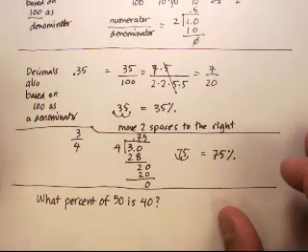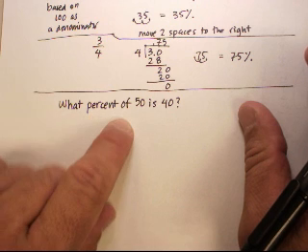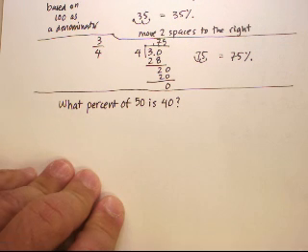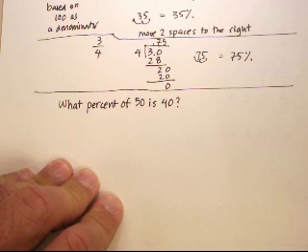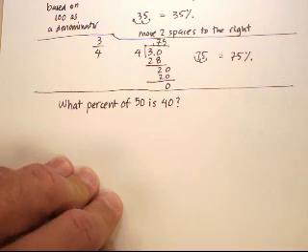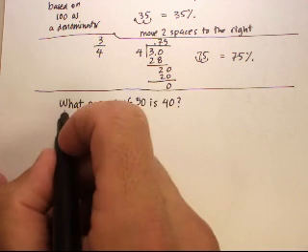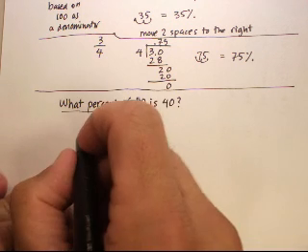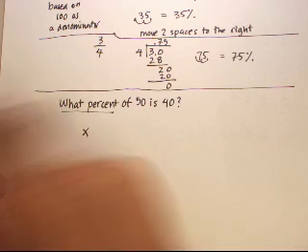Okay, I hope that part was helpful, but now let's go ahead and take some words and see if we can translate that into a problem. So the question is, what percent of 50 is 40? So if we're asking for what percent, that's our unknown, isn't it? So we're going to call that x. We don't know what that percentage is.